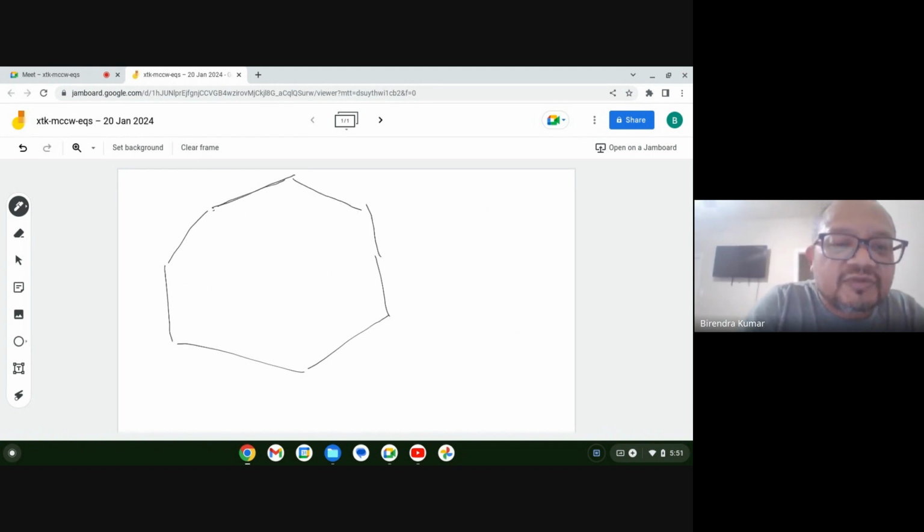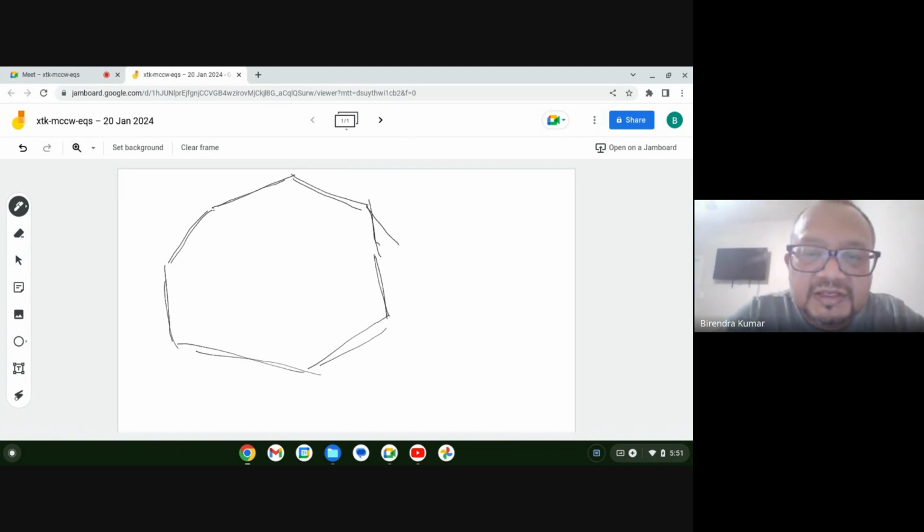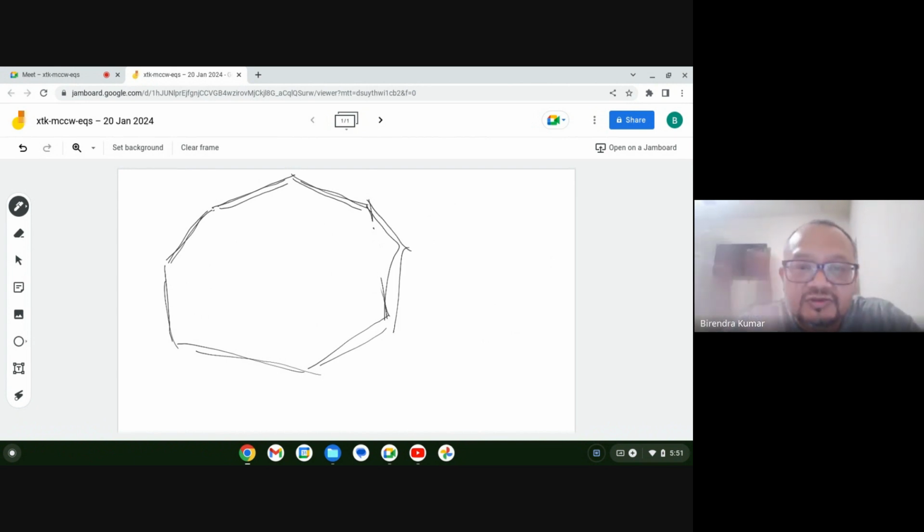So let's say this has 1, 2, 3, 4, 5, 6, 7, and 8 sides. If somebody says, find out the perimeter of this octagon, trust me, nobody will give you a formula for finding the perimeter of an octagon. The only thing you have to worry about is finding the length of all the sides. There's no formula for this.